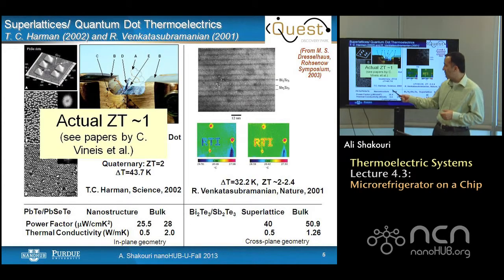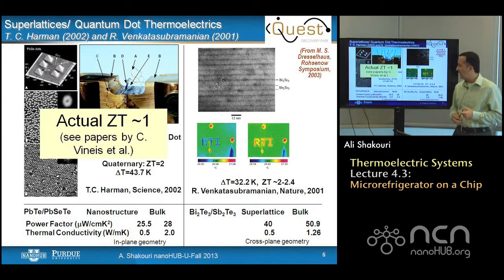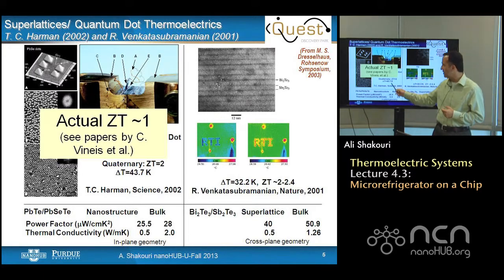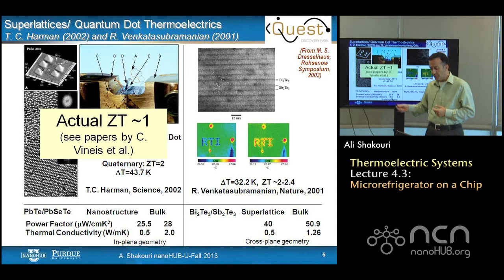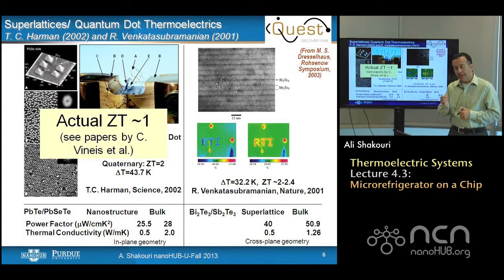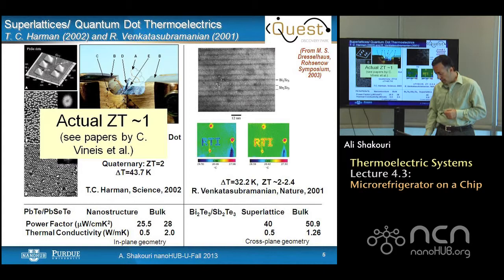Actually, in the case of the Harman work, later papers by Chris Menes showed that the actual ZT of this material is 1. The idea that you need very high ZTs to get localized cooling is not necessarily a requirement.